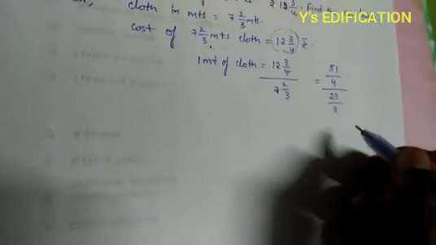Now we will convert these mixed fractions into normal rational numbers. So 4 into 12 is 48, plus 3 is 51 by 4, divided by 7 into 3 is 21, plus 2 is 23 by 3. Okay. Now what do I have to do? I am going to change this division into a multiplication.